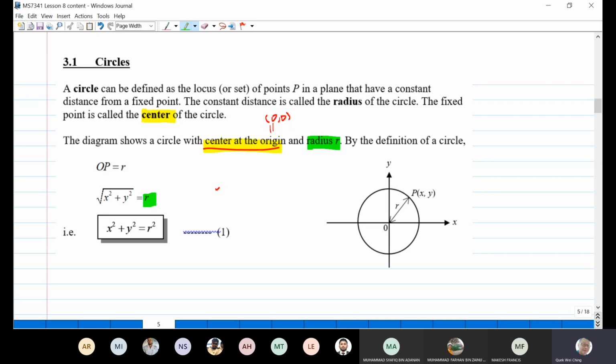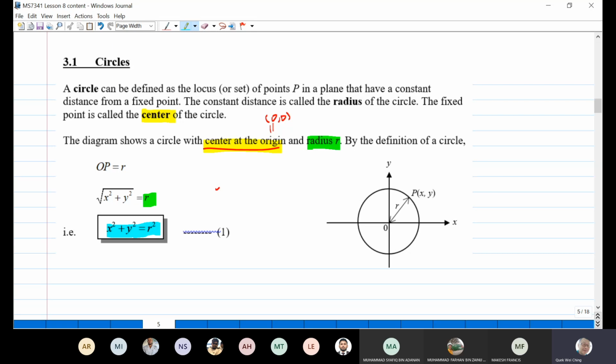The equation of a circle is always x squared plus y squared equals r squared. This is the standard equation of a circle. So that is a very fast introduction to finding the equation of a circle. x squared plus y squared equals r squared, r is the radius, center at the origin.